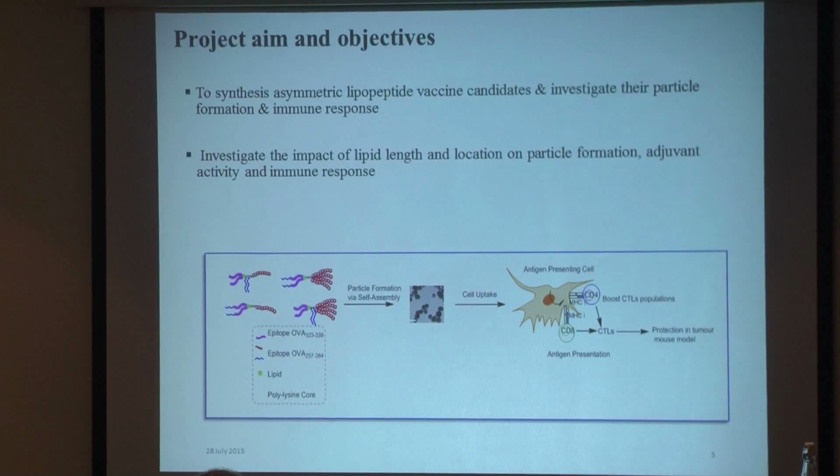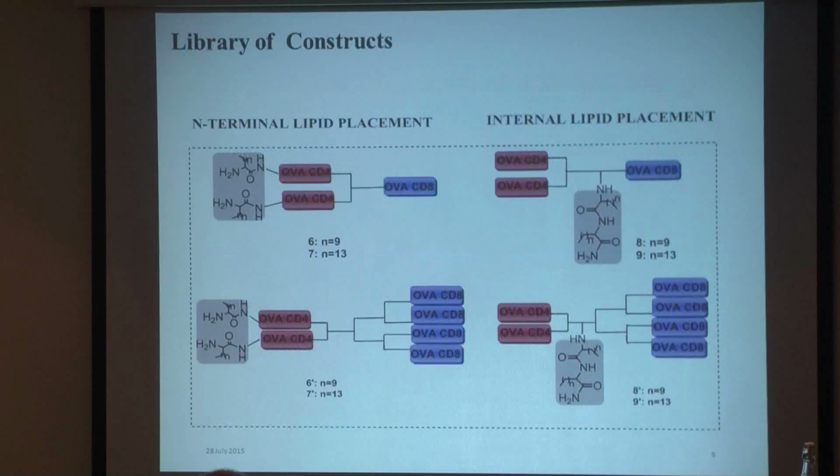So we aim to synthesize a library of asymmetric vaccine candidates and investigate their particle formation to see how their physicochemical properties affect the immune response. And we investigated the impact of lipid length and position on the particle formation and immune response. This is a library of the constructs.